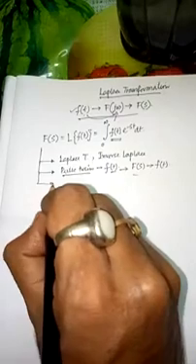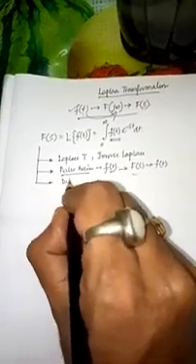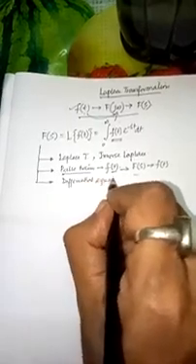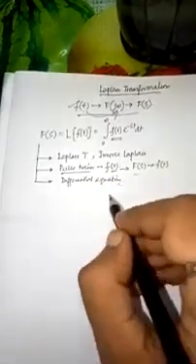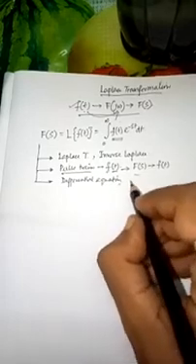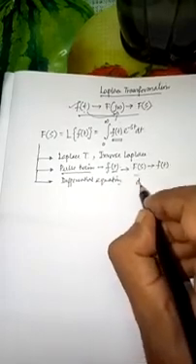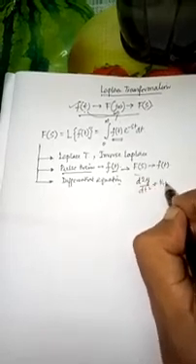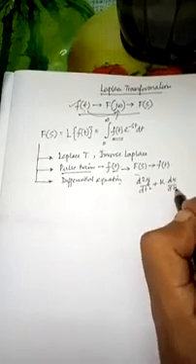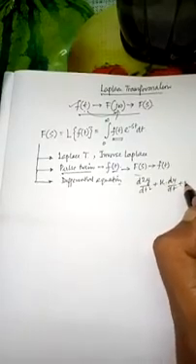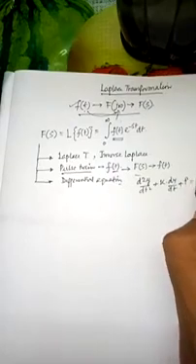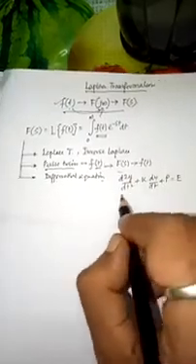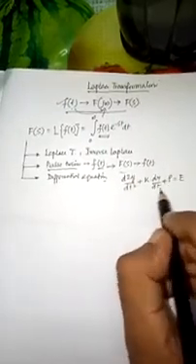The third one is solving differential equations. So in this differential equation section, what form will be given? Suppose, for example, it is given d2y by dt square plus k dy by dt plus p equals to e, suppose. Okay, so how to solve this? We have to use Laplace on that.